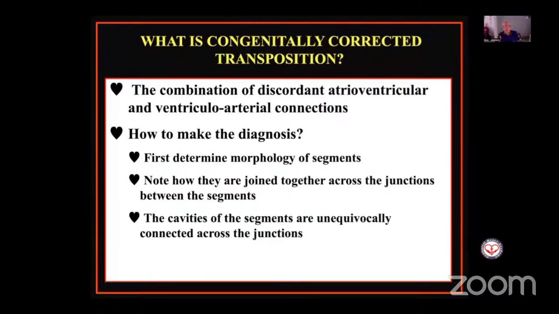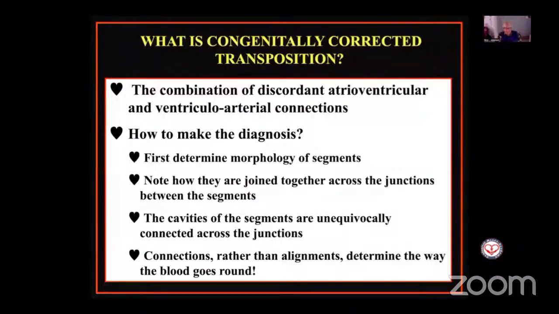I hope we've shown you there can be no question but that the segments are connected together, so connections are a real thing, and most importantly, it is those connections rather than the way the cavities of the segments are aligned that determines the way the blood goes round. So hopefully we've answered the question, what is congenitally corrected transposition?